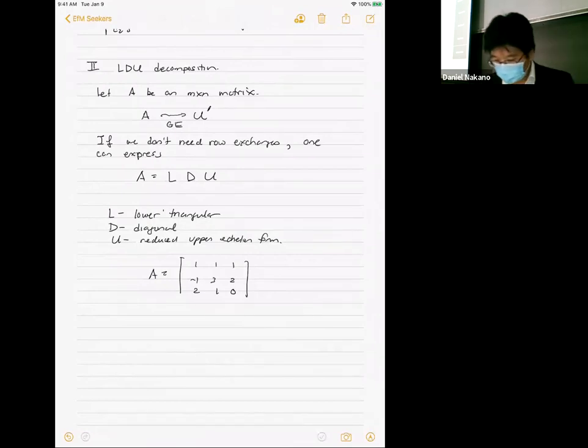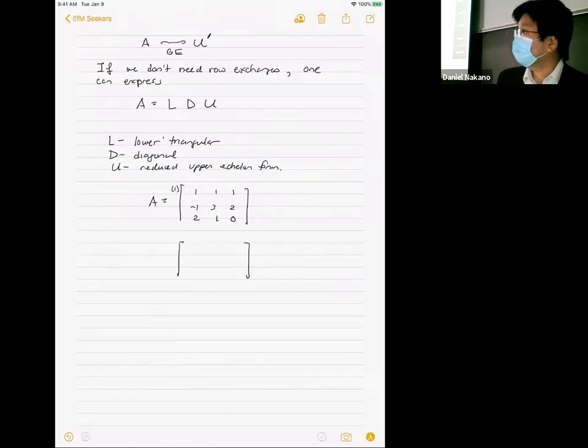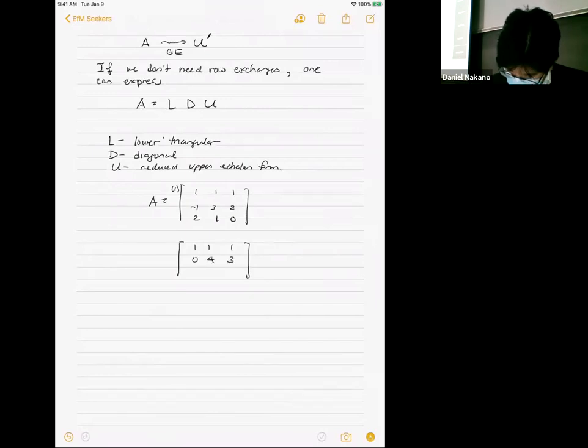Okay, so let me go through the process with you. The idea is we're going to start transforming this matrix. I'm going to multiply the first row by 1 and add it to the second row and put it in the second row. So that's 1, 1, 1, 0, 4, and 3.